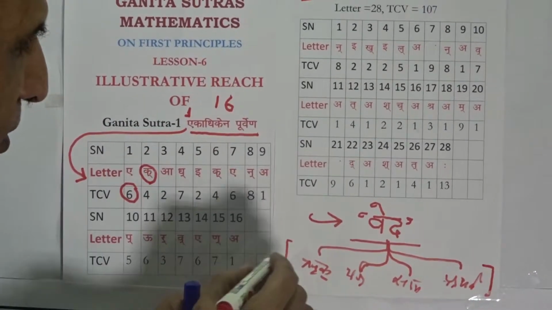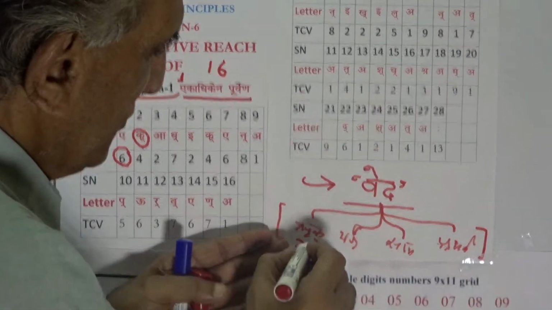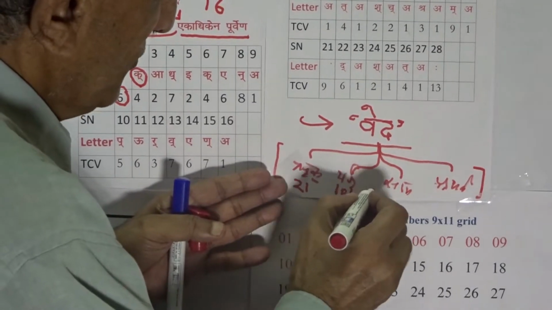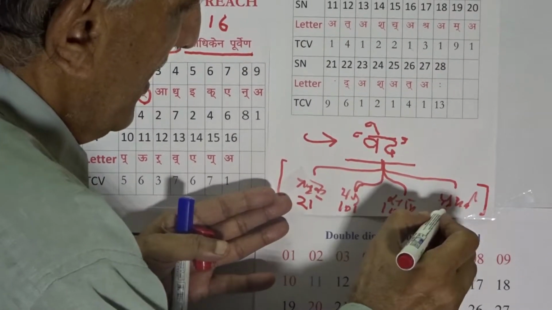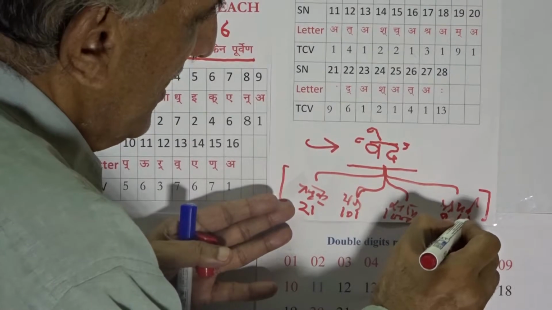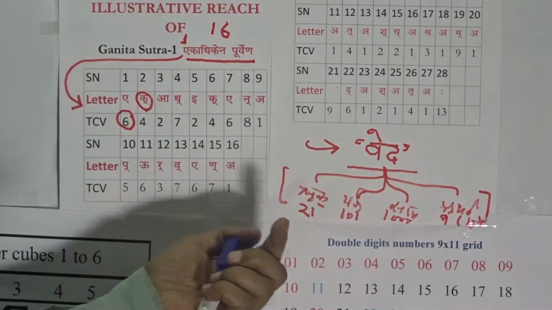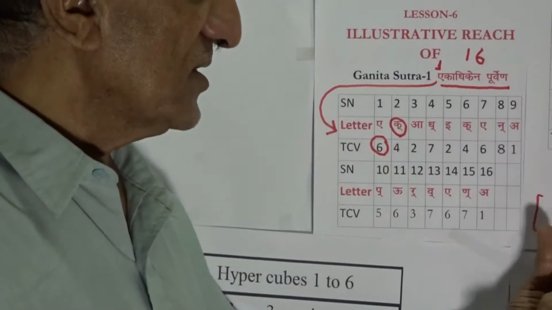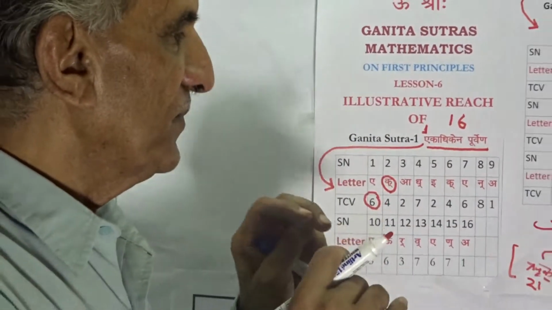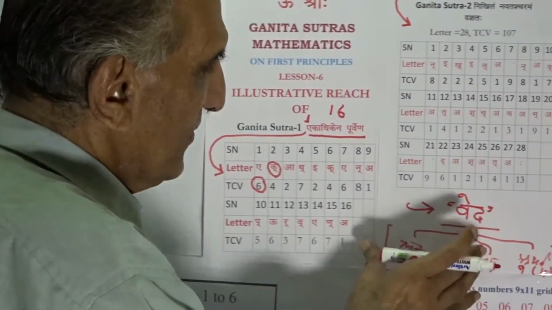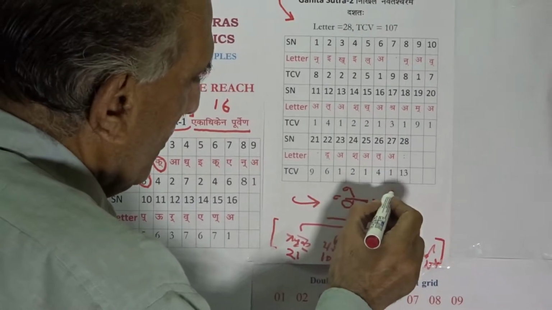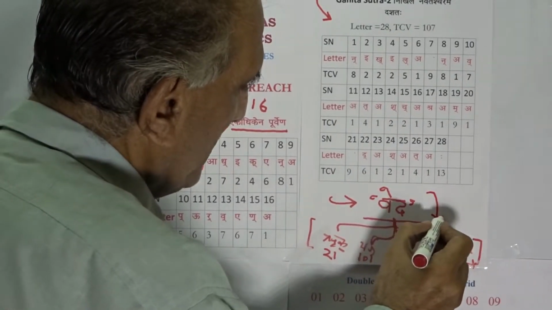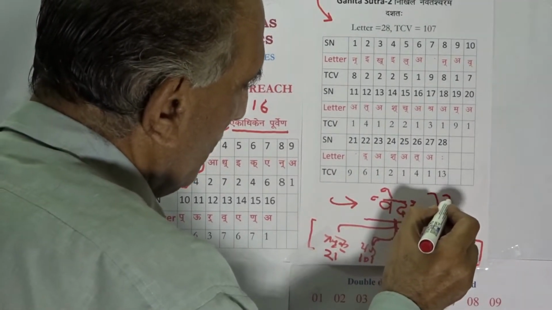Then we know it will be of 21 branches, 101 branches, 1000 branches, and then 9 branches. And this range is of a literature which is flowing from the original unified state of the Vedic knowledge.